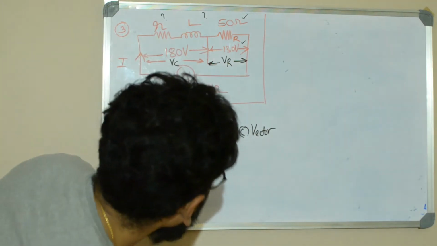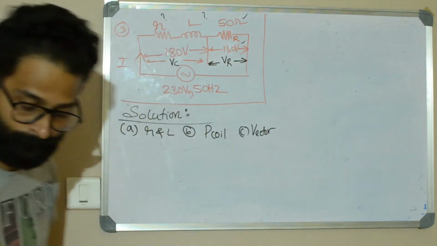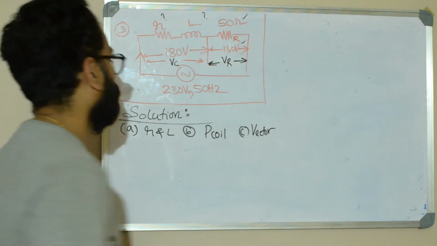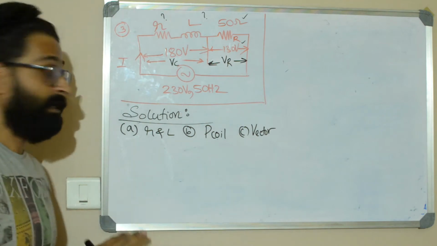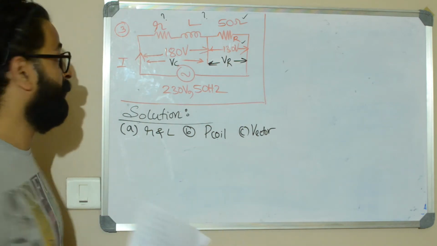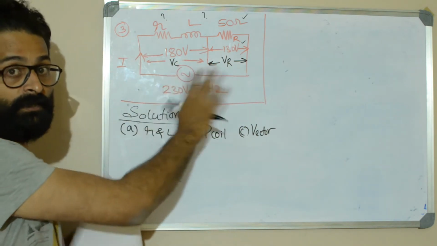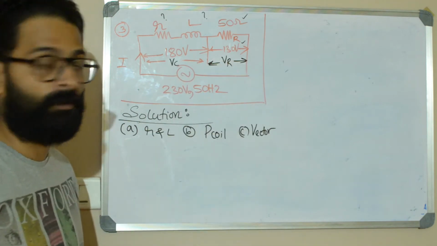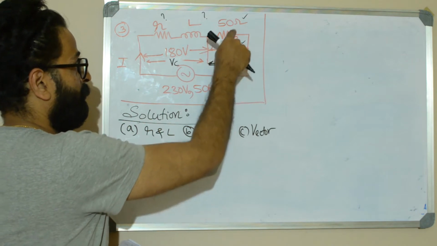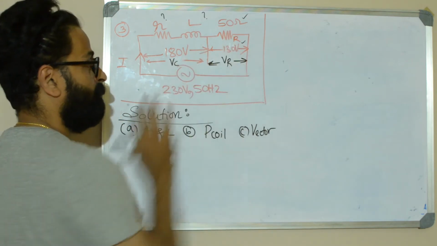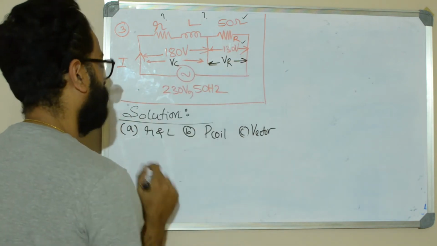Alright, so let's solve this. What I have done is I have just collected the problem data and I have constructed the circuit from the given problem data. We have resistance value 50 ohm and we also have drop across the resistance, that is 130 volt.